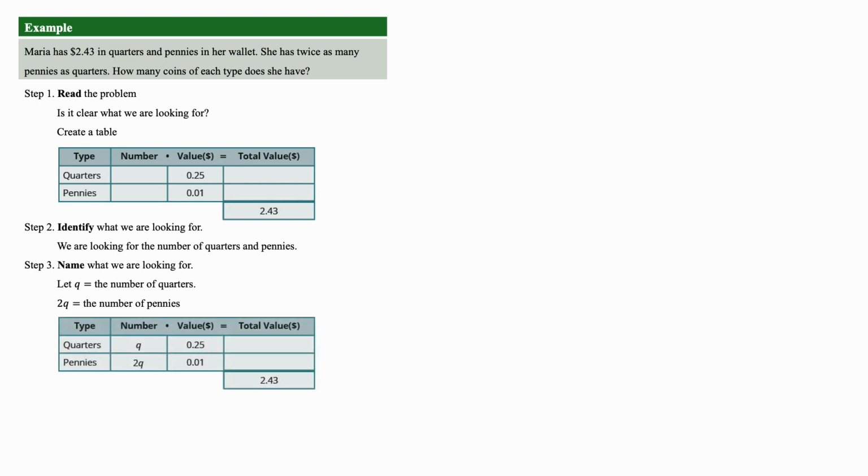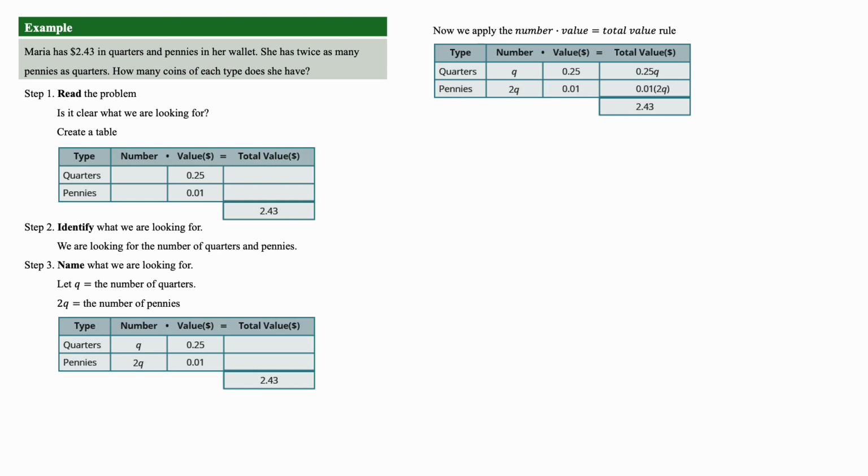So then we put that into our chart in the second column, and then we apply the number times value rule to equal the total value. And in the final column, the fourth column, we have 0.25Q in the first row and 0.01 times 2Q in the second row. And that'll in turn equal $2.43 in total.